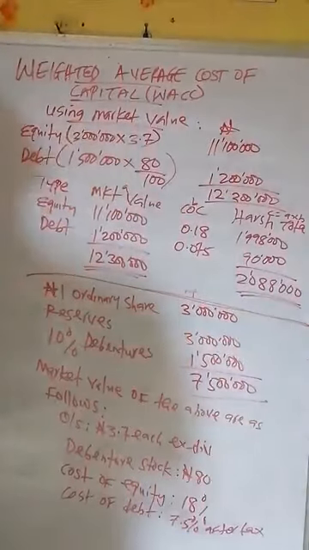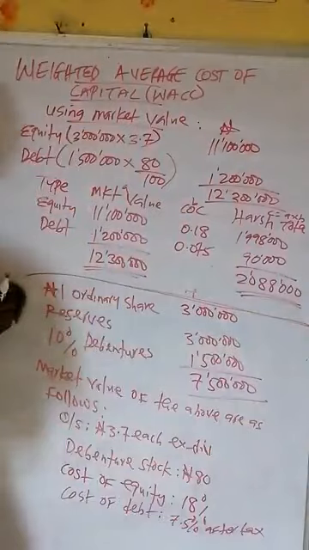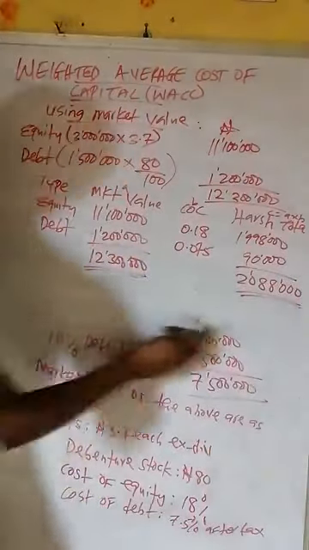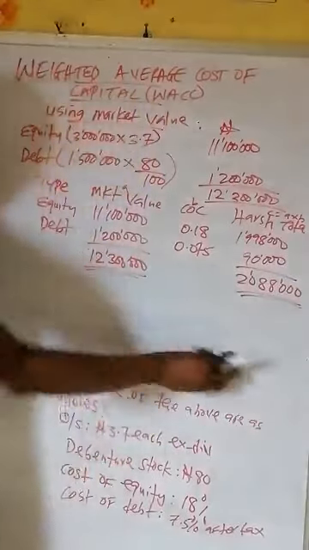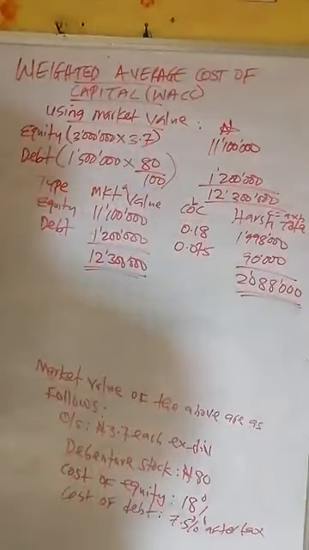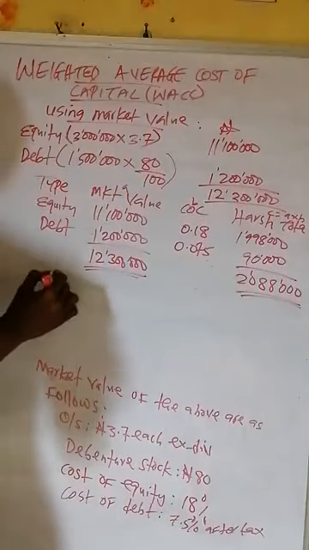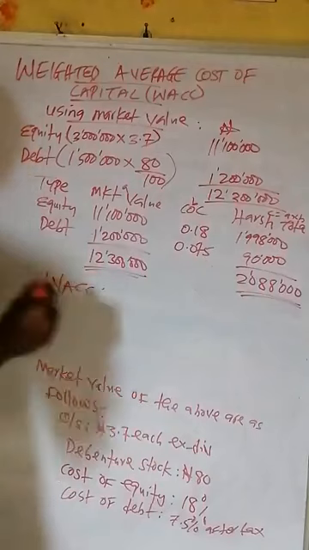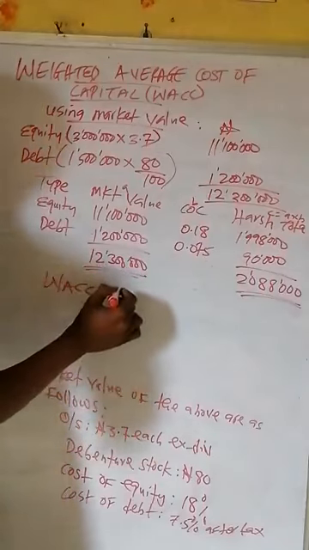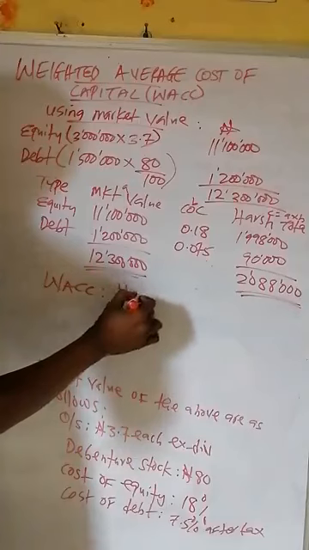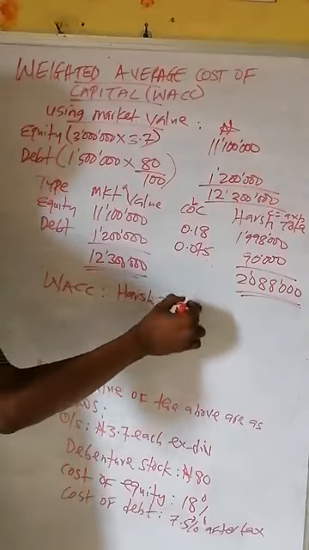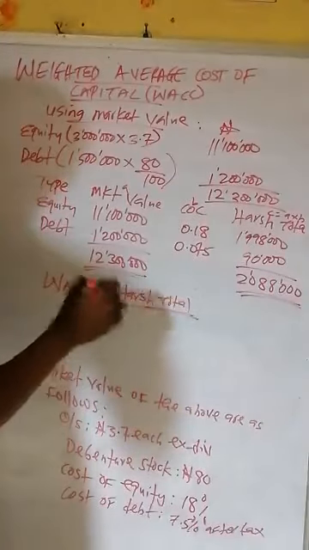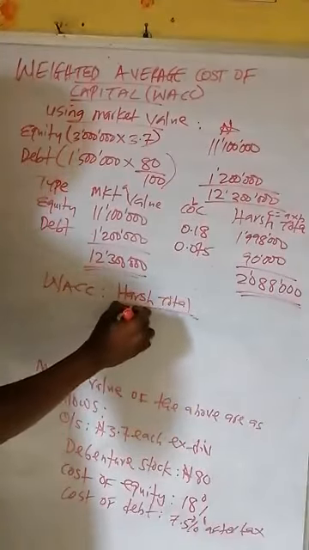Okay, now let's compute our WACC. So WACC is equal to the total of the hash total over the total market value.